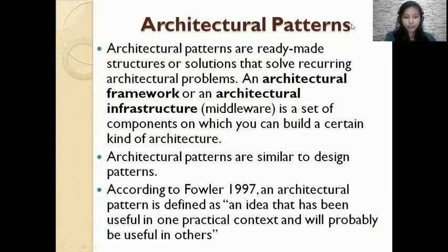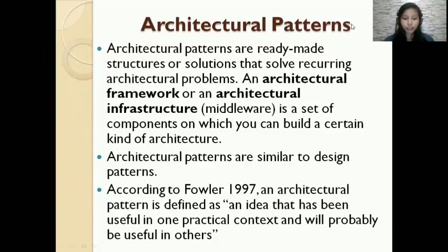Architectural patterns. Architectural patterns are ready-made structures or solutions that solve recurring architectural problems. An architectural framework, architectural infrastructure, or middleware is a set of components on which you can build a certain kind of architecture. Many architecture patterns exist that provide a structure for particular aspects of the enterprise architecture.